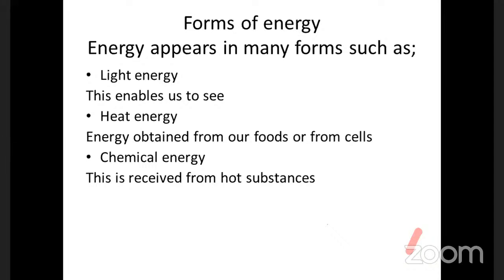These ones we mostly prefer using to generate energy. You have even the cells that give us this form of energy. What we have for heat energy is the energy that we get from hot substances, and then we use them for doing a couple of work, including cooking.